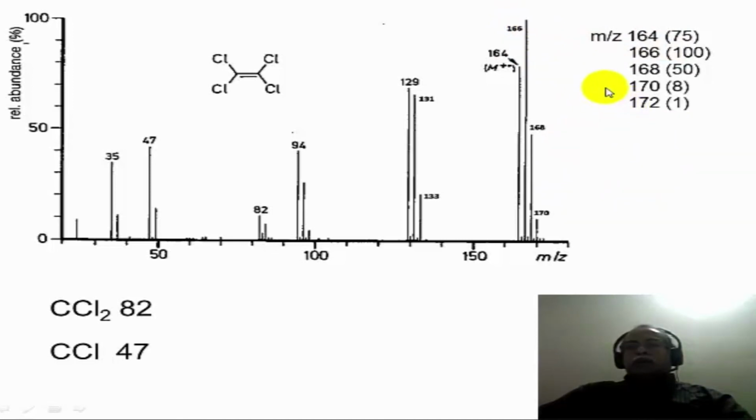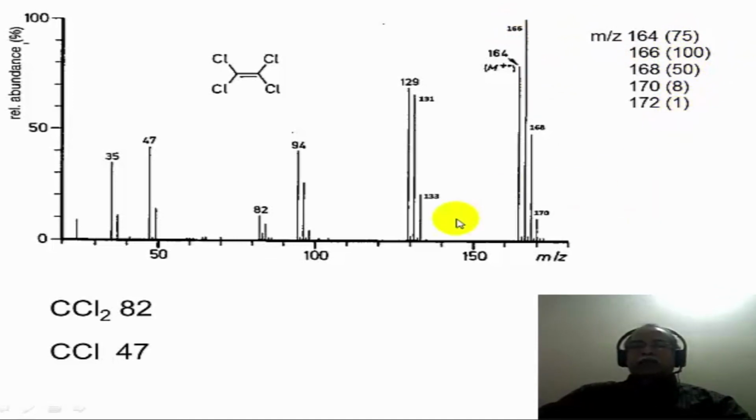One can also see the relative intensity essentially following the trend shown here. This is calculated based on the expected line intensities from the natural abundance of the 37 and 35 isotopes of chlorine in nature, and 164 is about 75% and the base peak is 166, as predicted by the calculated values of the relative abundance of these peaks.